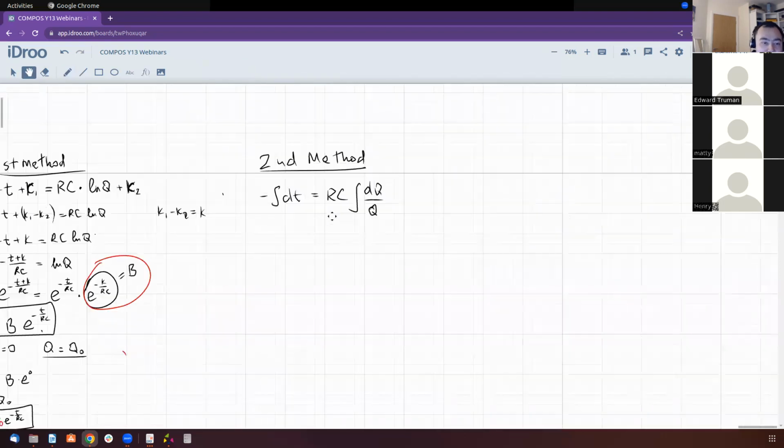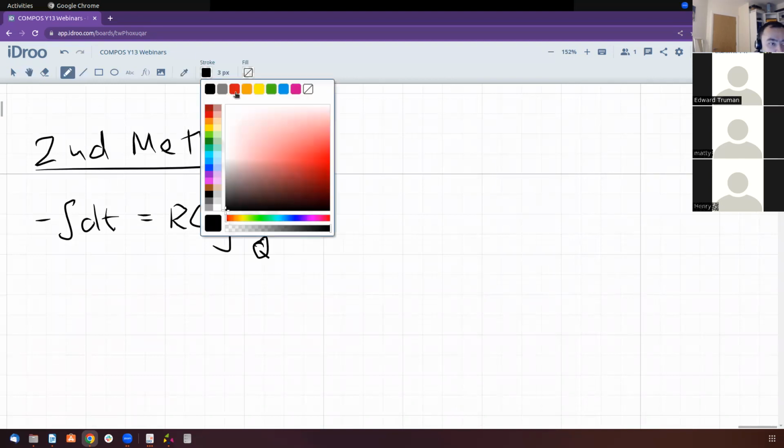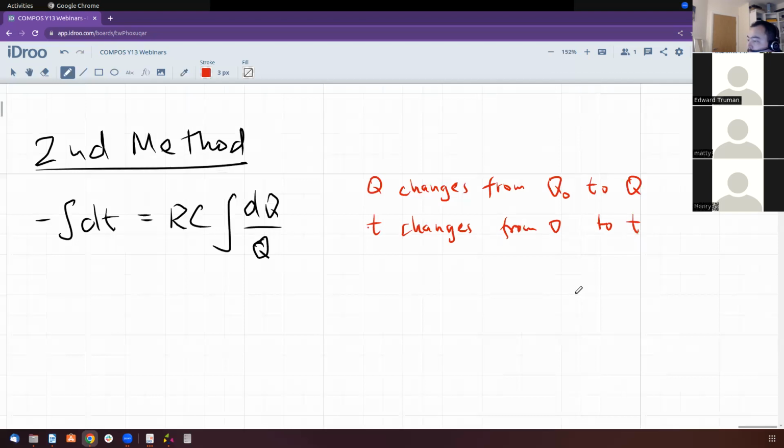Look, q changes from q0 to q, or q final. We call q final just q. Q changes from q0 to q. Time changes from 0 to t.